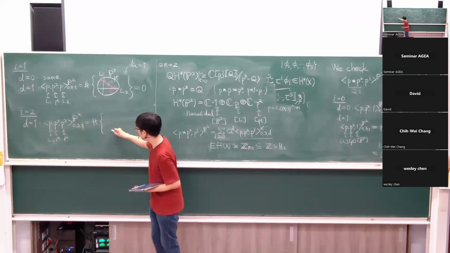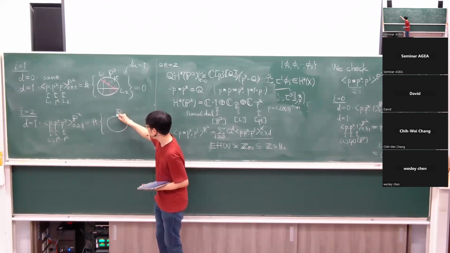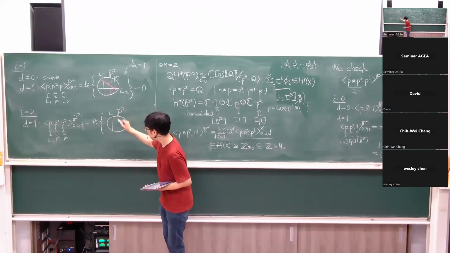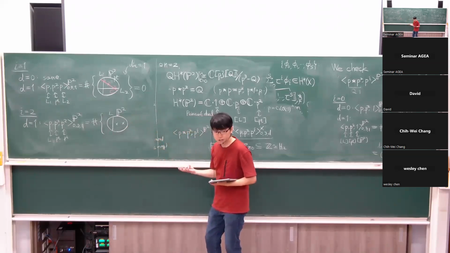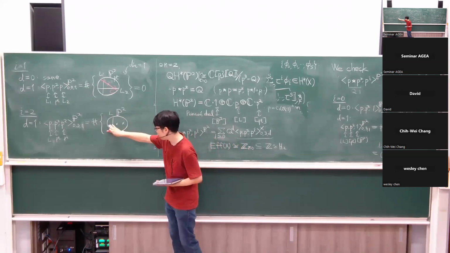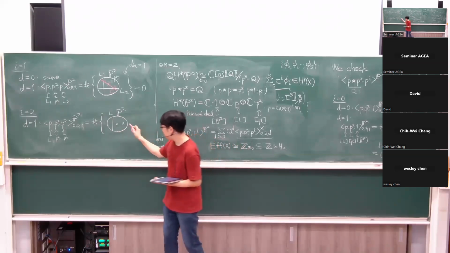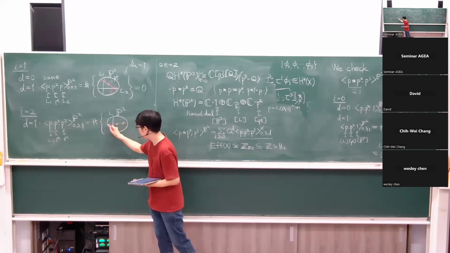So we take one line and 2 points and count curves passing through these 3 subvarieties. Then this is uniquely determined.